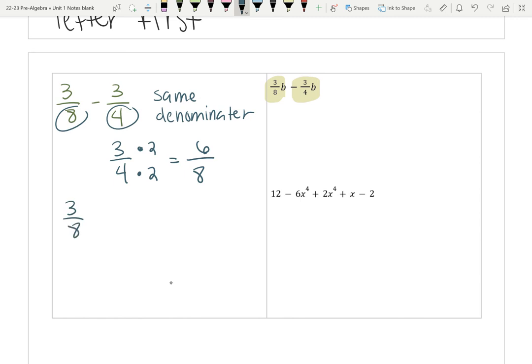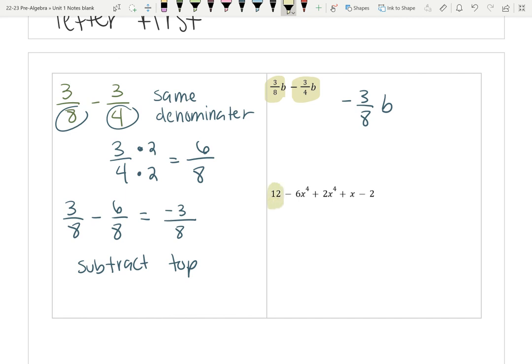So then I can do 3/8 minus 6/8. Then you just subtract the top. So I would do 3 minus 6, which is -3, and then I have 8 on the bottom. So the bottom just stays the same, you just subtract the top. So that's my answer there, -3/8 b.